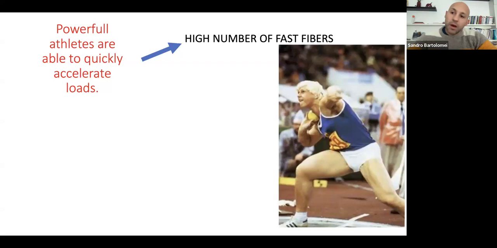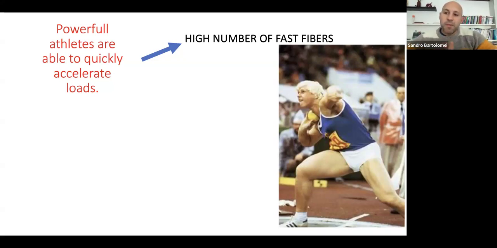Probably within the quad of Ilona Zlupianek, the athlete in the picture, she had a high number of muscle fibers and also a high percentage of fast fibers, okay? She was very powerful at the end.